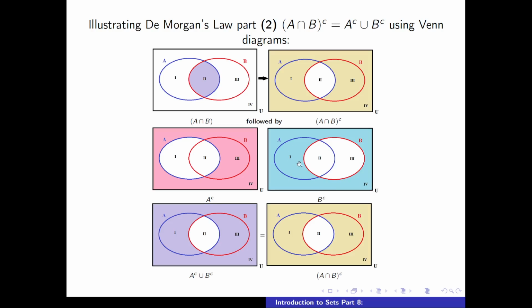In union, it's going to be 1, 3, and 4, which we see here illustrated in purple. So regions 1, 3, and 4 are shaded here. Remember, this came from the construction of the right side of the De Morgan's law equation. And we see that that's in fact the same thing that we constructed up here when we constructed the left-hand side of this De Morgan's law equation in part 2.